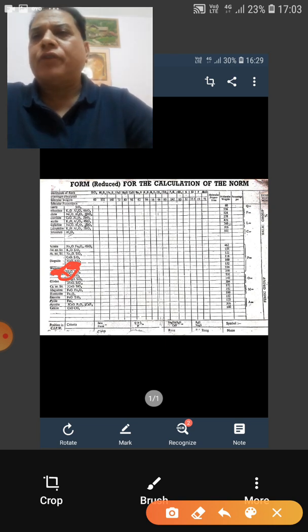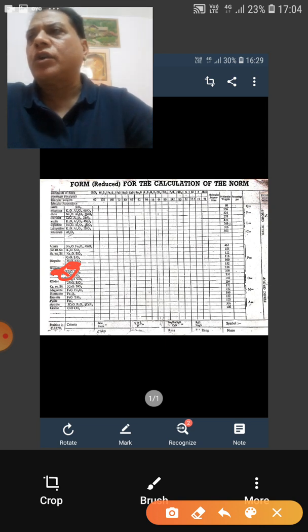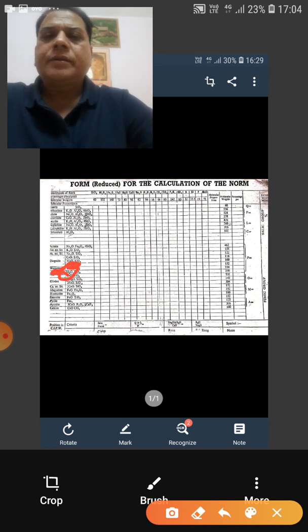Then with the formula (S minus 2N) divided by 4, where S is silica and N means your total Na2O, right? With this you will come to the number of albite molecules that you are going to form. So once it is decided that X number of albite molecules are formed, you allot that X amount of your Na2O to albite with equal amount of Al2O3 and 6 times SiO2.